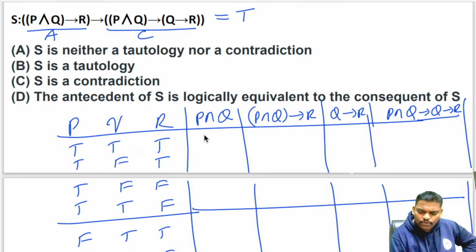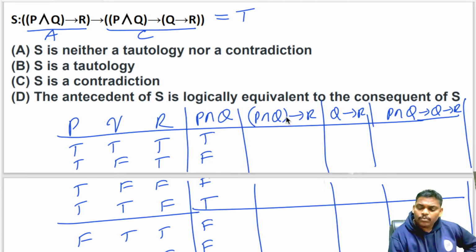P and Q: true, false, false, true. What about here? P and Q: false, false, false, false.